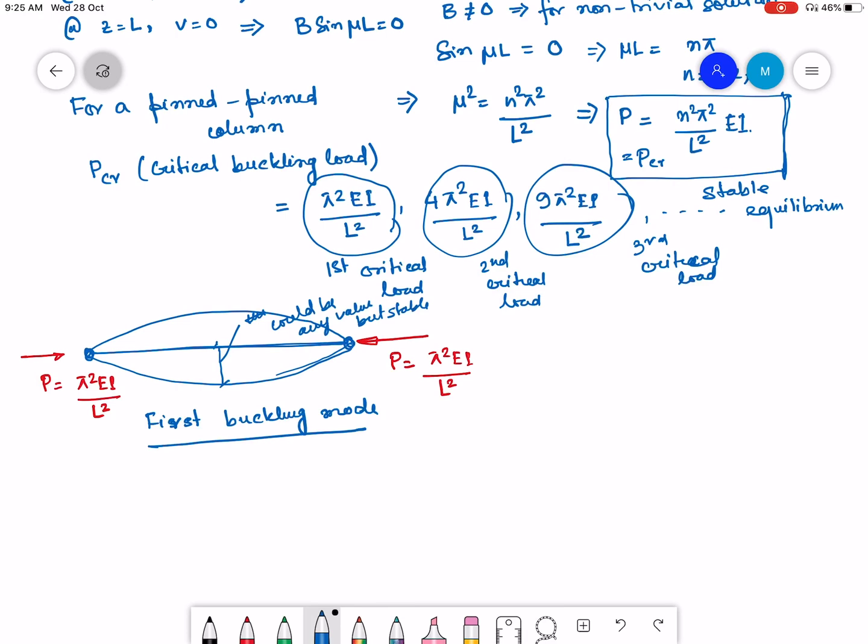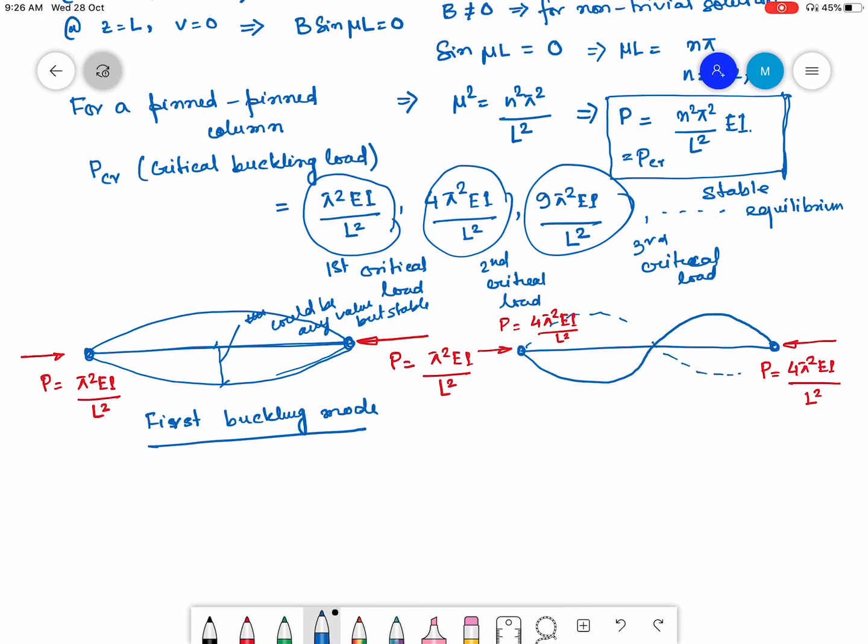Okay, and then if I take the same column and I apply the force P, which is 4 pi square EI by L square, then the column is going to be deformed in this form, or this form. I don't know which of these.